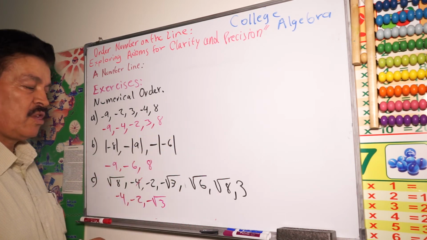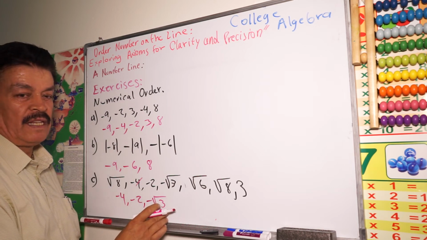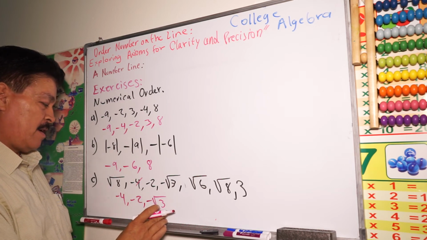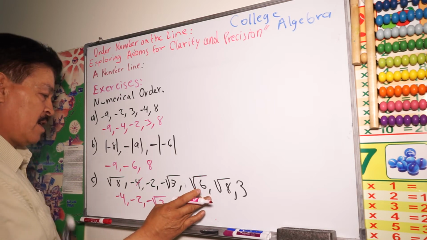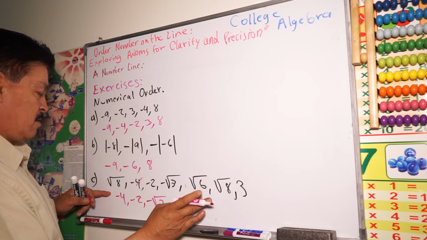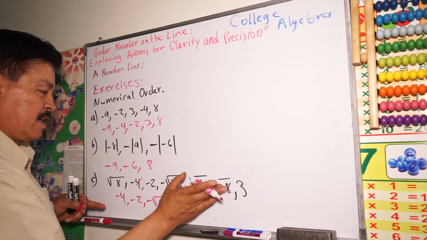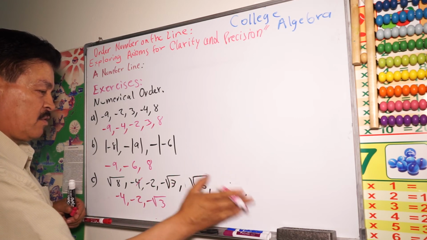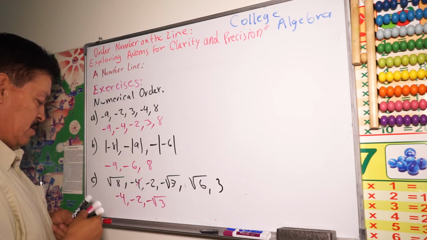Now, go to the positive numbers, right? So after this one, we are going to have square root 3, square root 8, which is smaller. Oh, we have twice the square root right here. So it's 3, only 3.